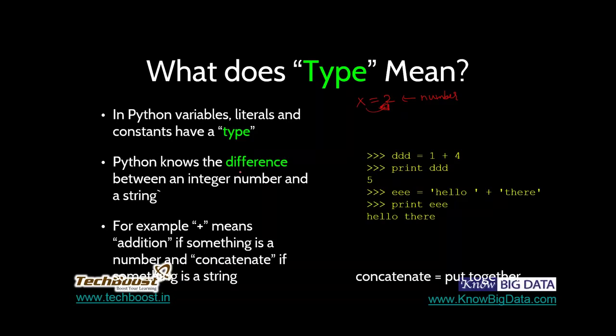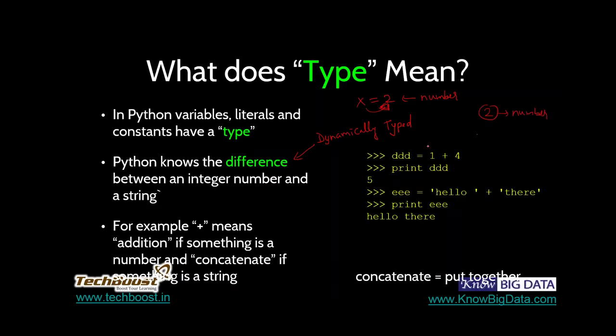Now Python knows the difference between an integer, a number and a string, since we said in the last session that it is a dynamically typed language. We say dynamically typed because Python knows the type of the data at runtime. So when you make an assignment like x is equal to 2, Python knows that we are assigning a number and hence the type would be a number.